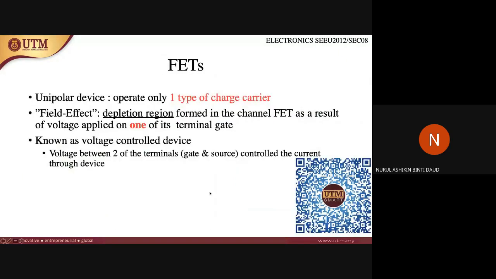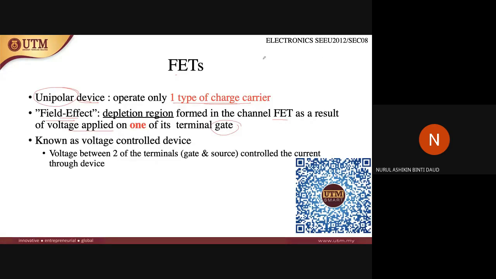So what is FET? It is known as a unipolar device. What does unipolar mean? It operates with only one type of charge carrier. It is known as field effect because the depletion region is formed in the channel of the FET as a result of voltage applied on one of its terminals, the gate.